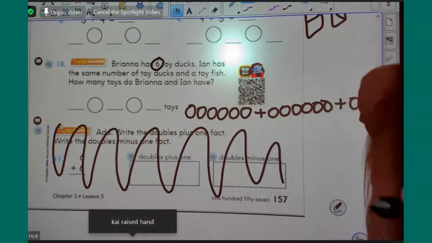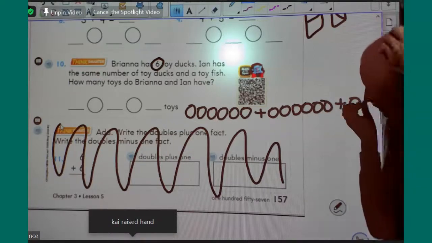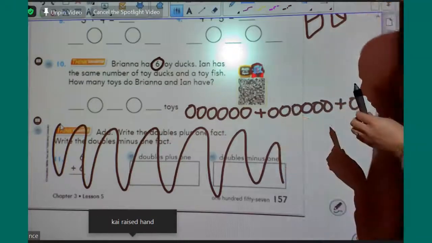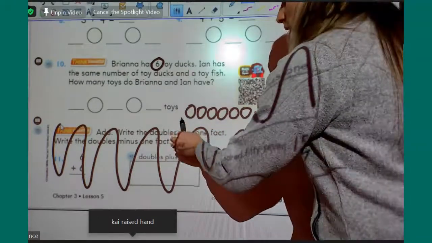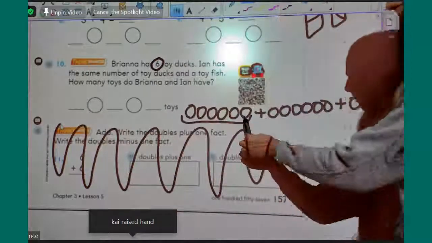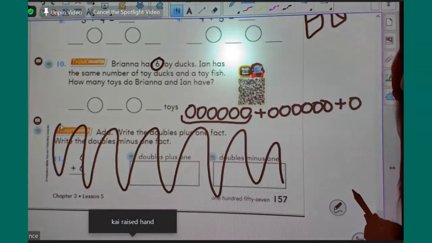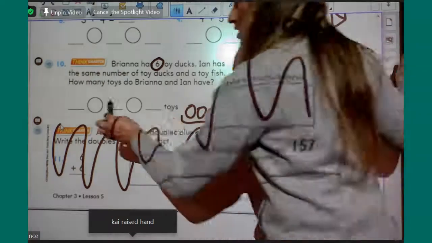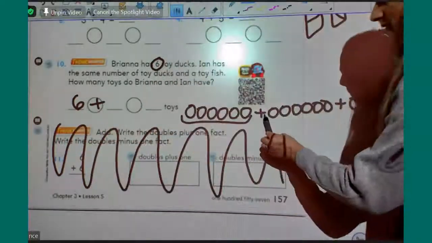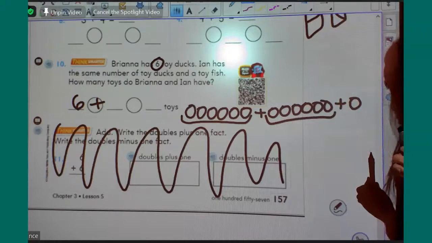Alakai, I see you're raising your hand. Alakai, you're going to help me next. Alakai, we need to write these 3 numbers here. Okay? So, we need to count these ones first, so we can put that number here. How many? 6. Super smart. Nice job. And we're adding them, so plus 1.